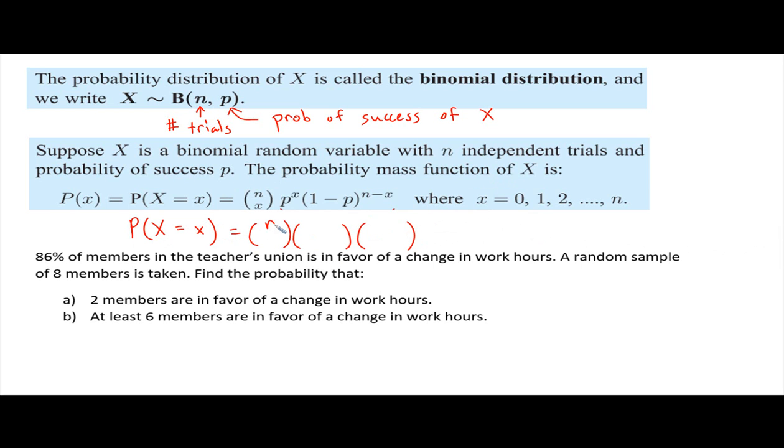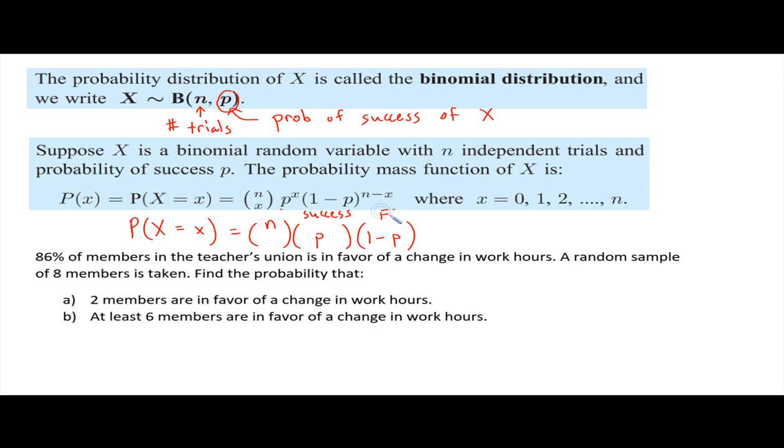The number of trials always goes here. This represents the probability of success, which in this case will be p, because p was the probability of success for the variable x. The probability of failure would be 1 minus p.